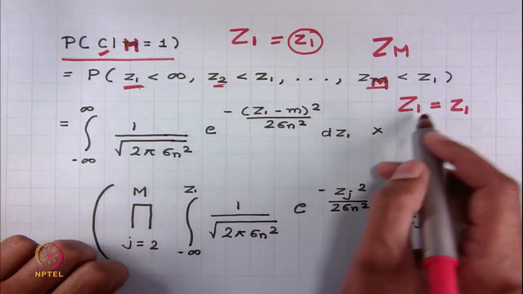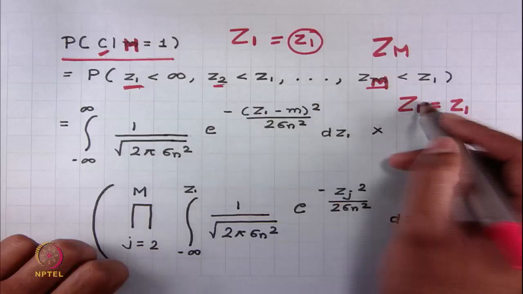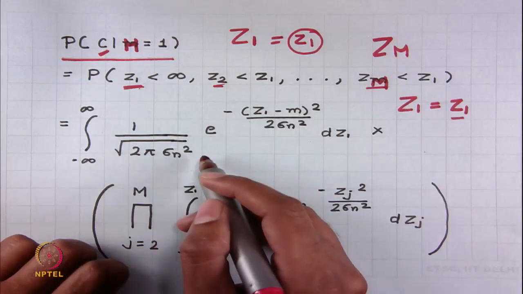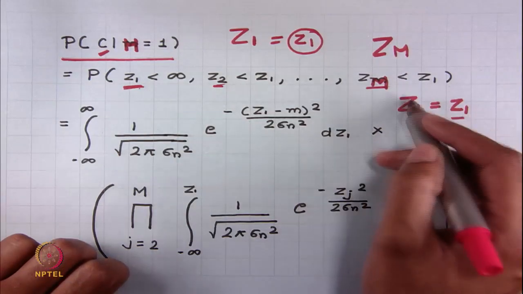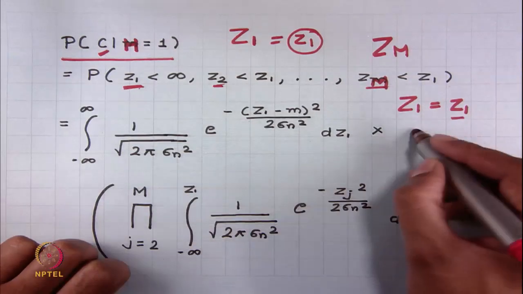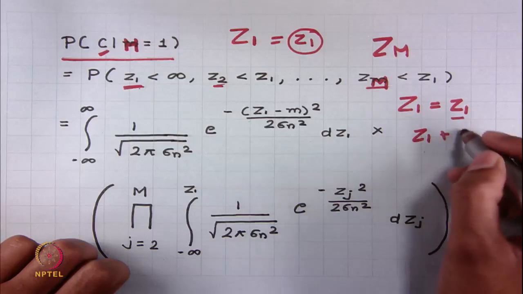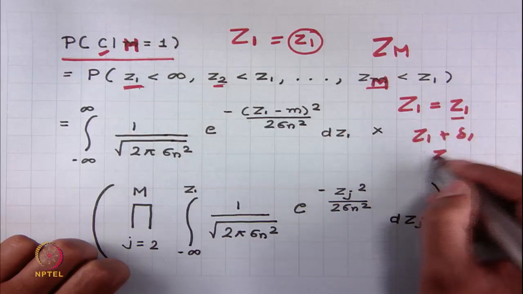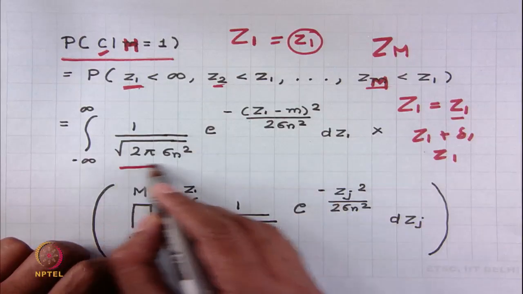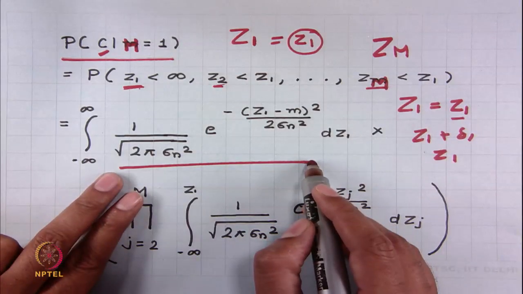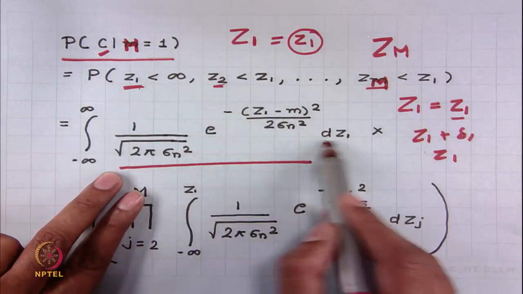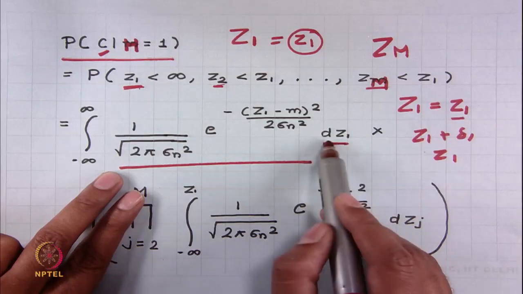So we do not talk about the probability of this random variable taking the numerical value z1, but rather the probability that it takes a value around z1, that means between z1 and z1 plus delta, delta being very small. This probability you can find easily by multiplying the PDF of the random variable Z1 with a small delta, which in this case is dz1.